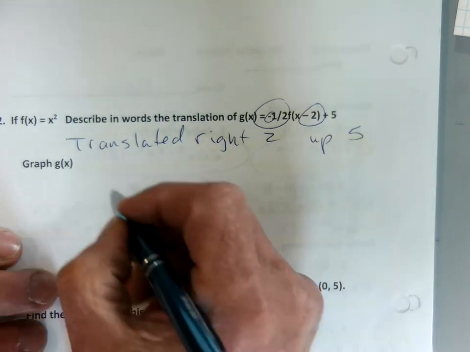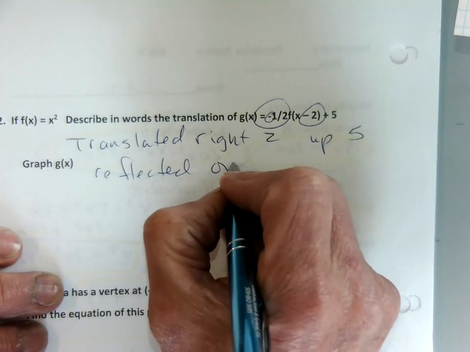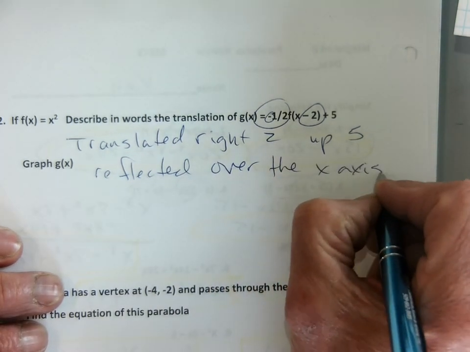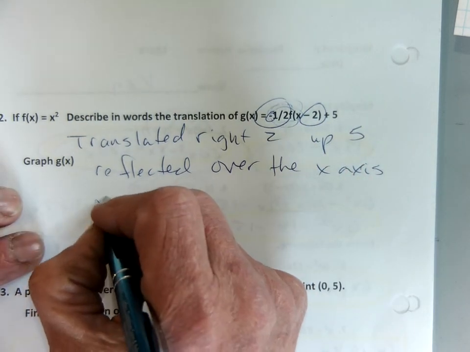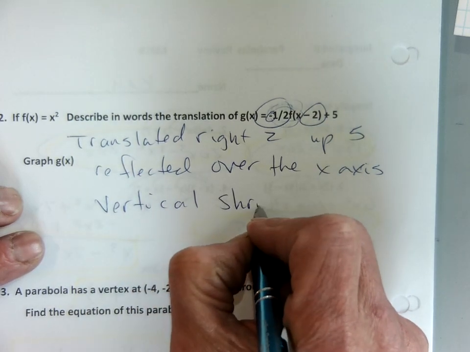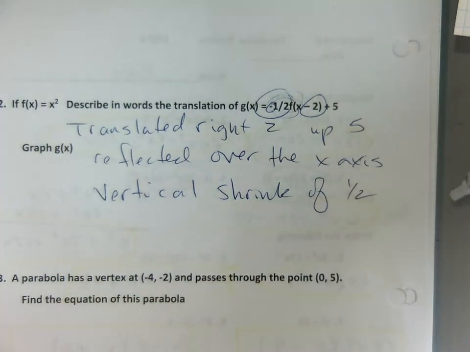Because of the negative, it's going to be reflected over the x-axis. I also know it's going to have a vertical shrink of 1/2. Now, if I graph this, all right, I can do that.